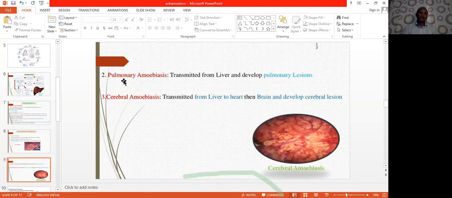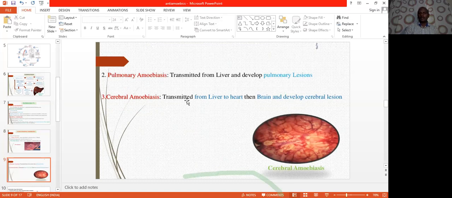And then pulmonary amoebiasis, which is transmitted from the liver to the lungs, producing pulmonary lesions.